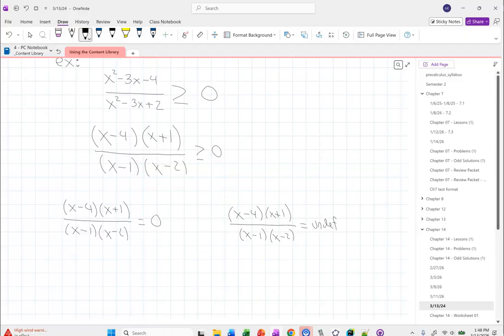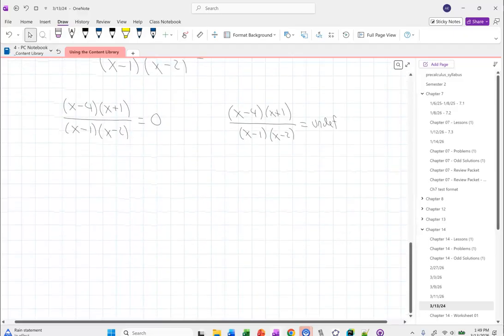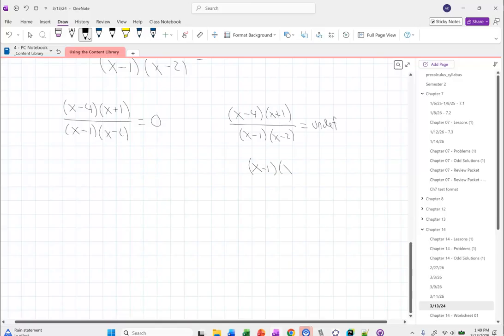Since this is a rational function, how do I know that? There's x's in the denominator. Excellent. How can a rational function be undefined? When the denominator equals 0. So to find where we're undefined, I'm just going to take the denominator and set it equal to 0.